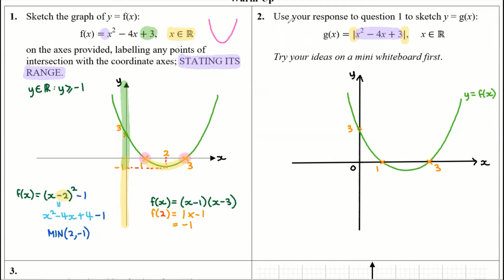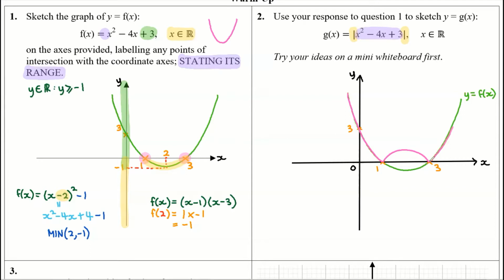Now, to get the function g, anything that's positive stays positive. The modulus function does nothing. But as soon as we hit any negative parts, those negative values immediately become positive. So it's going to do this. And I've not reflected it brilliantly, but that's a reflection in the line y equals 0 of any negative parts.